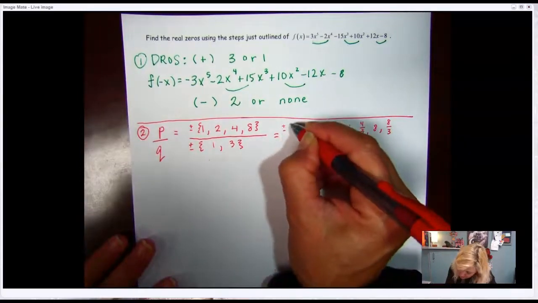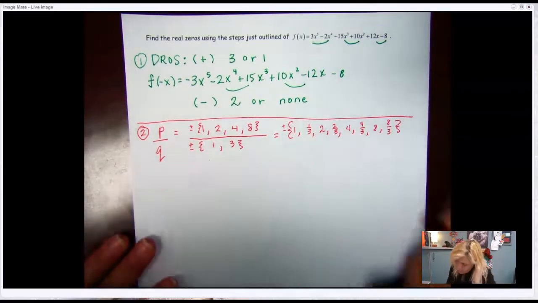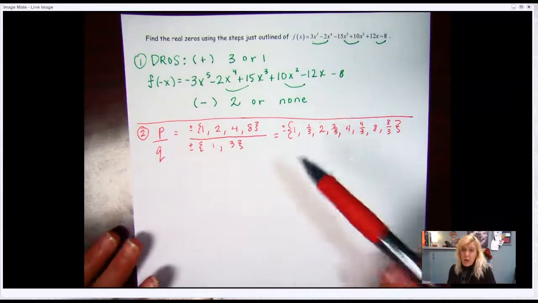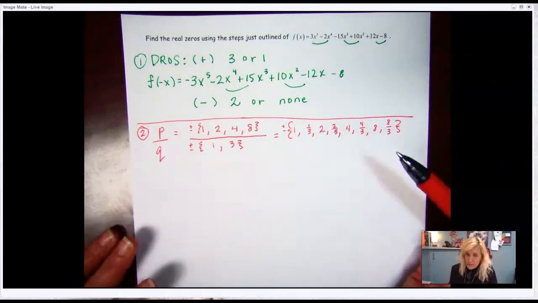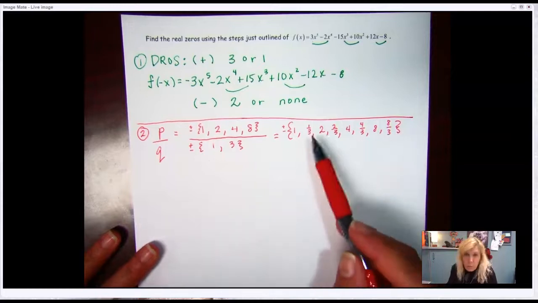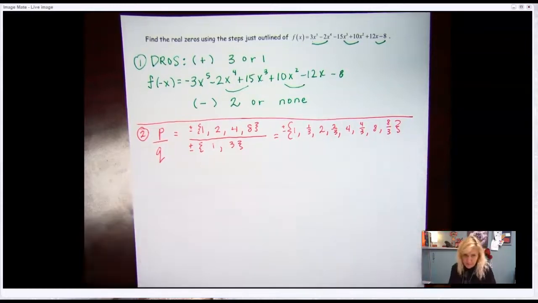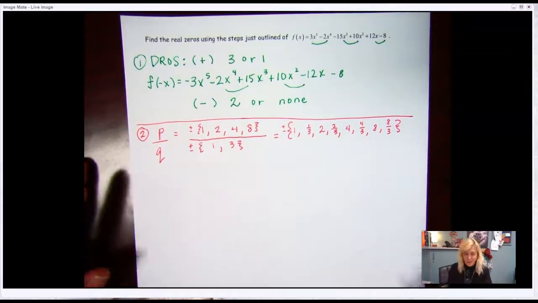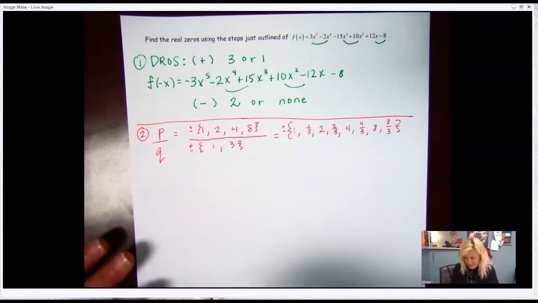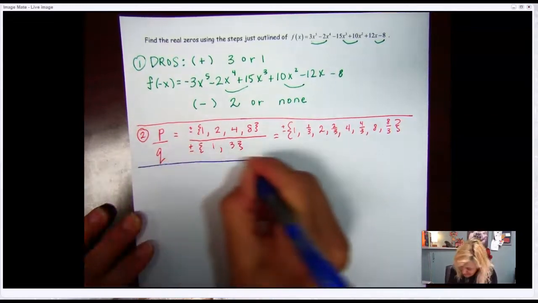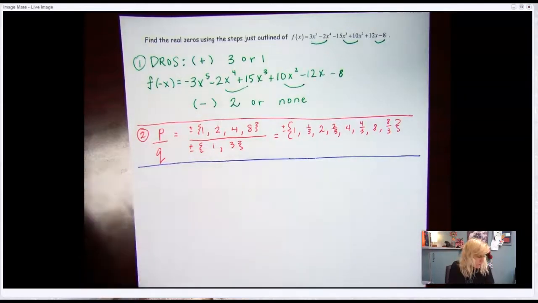So here's what we know. If I graph this polynomial, I know that it really does cross the x-axis at one or more of these numbers that we just wrote down. So to figure out what those numbers really are, we're going to do synthetic division to try to find linear factors.